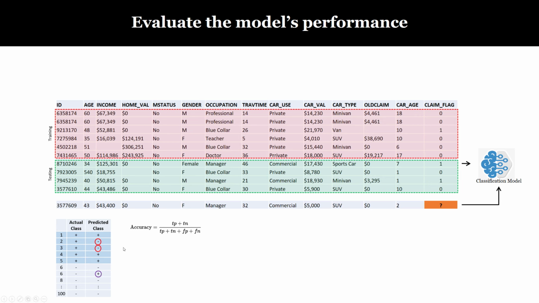But we have here a negative value which is supposed to be positive, so it's a false negative. This is not a true negative, because if it were a true negative, it would be here. So we have here two false negatives, and we have here one false positive as well, because this is not a true positive, this is a false positive.